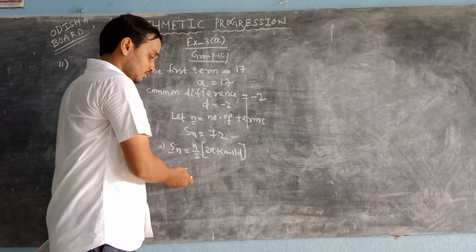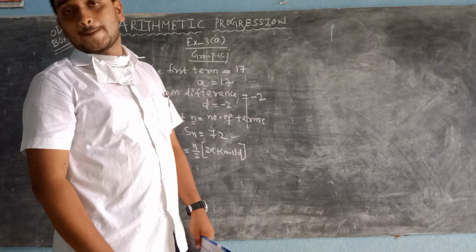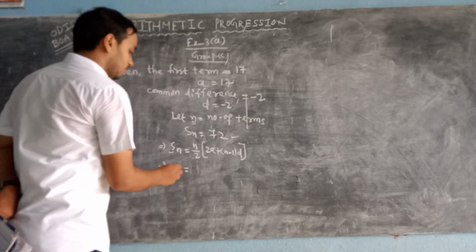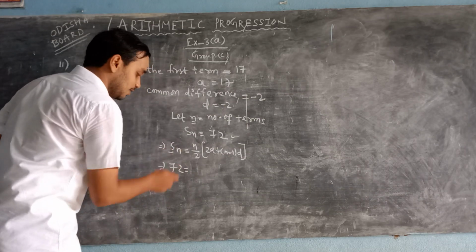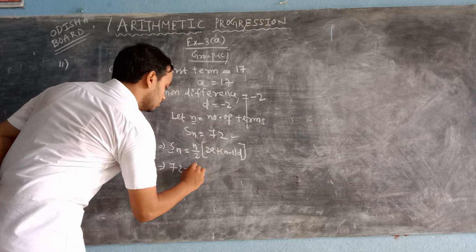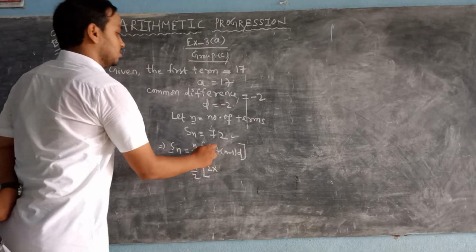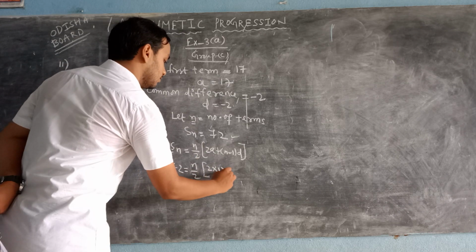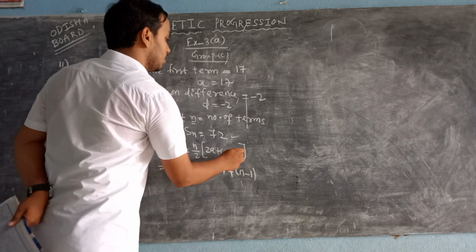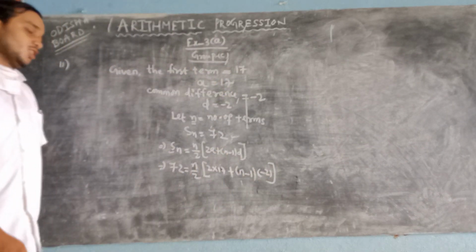In this formula we don't know the value of n, but all other values are given in the question. Now, putting the values in the formula, Sn is equal to 72, and n we don't know: n/2 into 2 times 17 plus (n - 1) into -2. Got my point now?